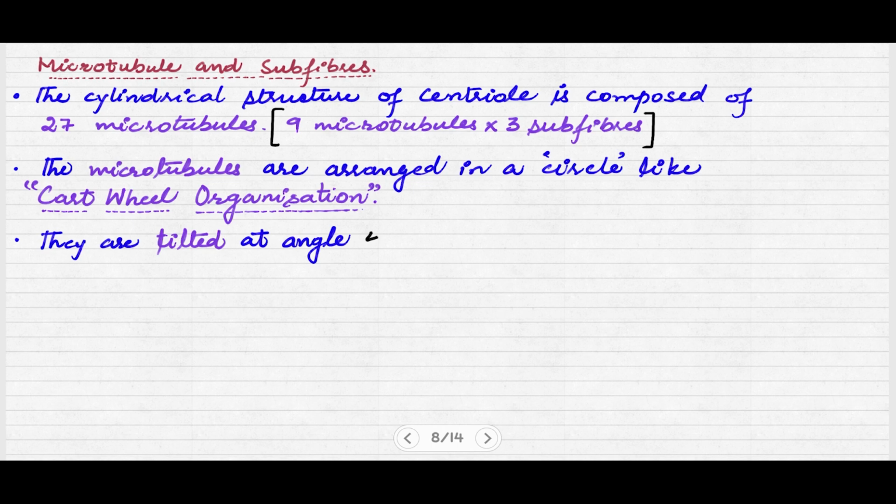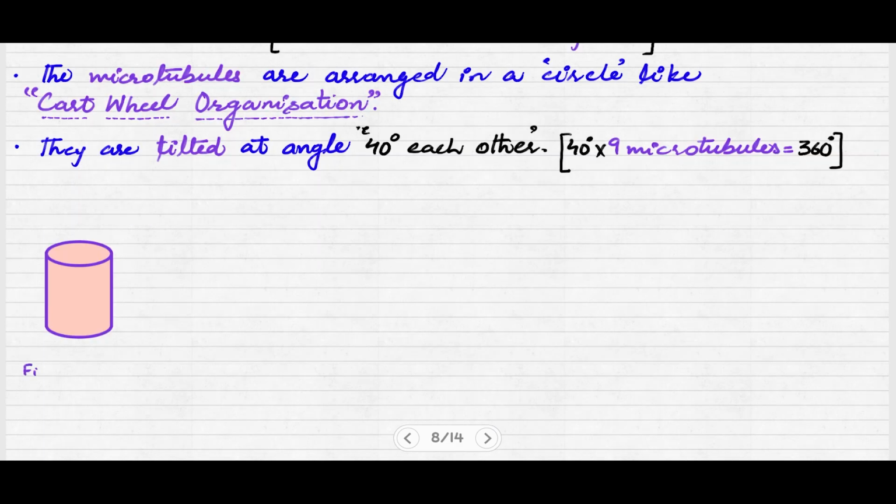Each microtubule is tilted at an angle of 40 degrees to each other. Hence, they are making a circle of 360 degrees. In the following animation, we will see all of the above details.